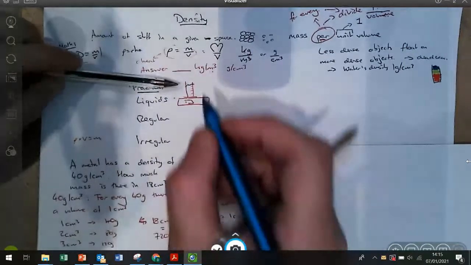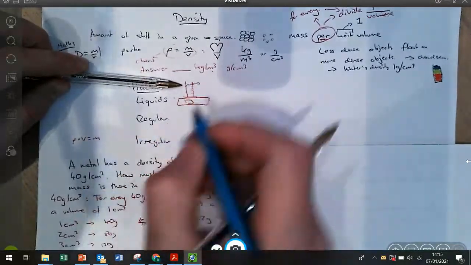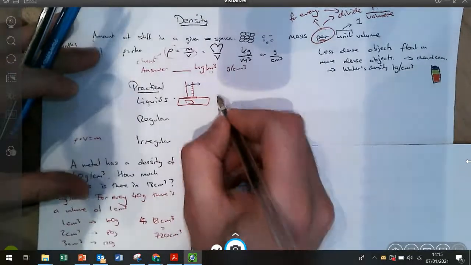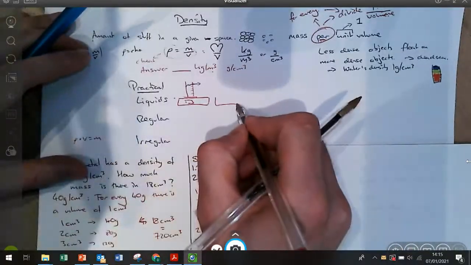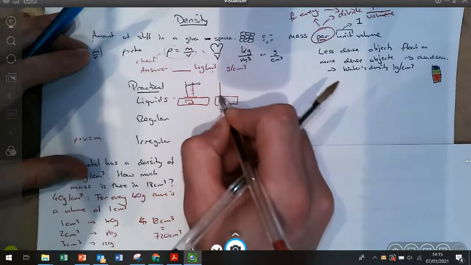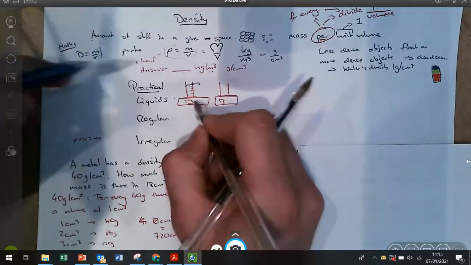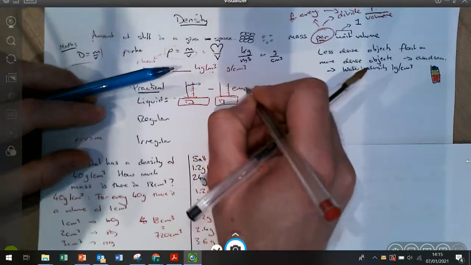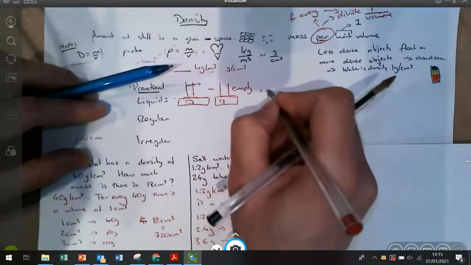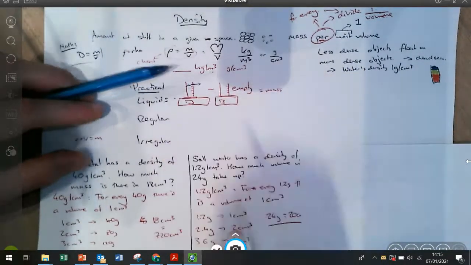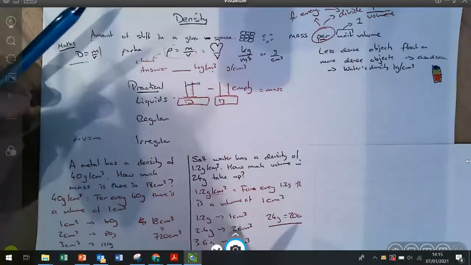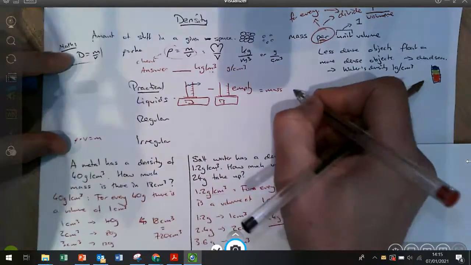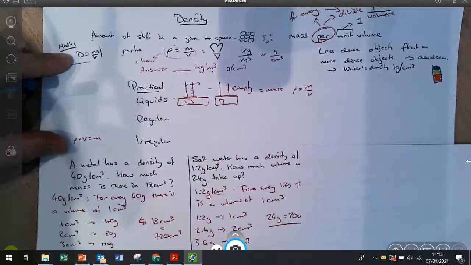Now, our volume is read straight off the measuring cylinder. And of course, our mass is our mass from the mass balance minus the mass of the empty container. All right, and this is the one tricky step that students might get tricked with. And then, of course, we use density is mass over volume.